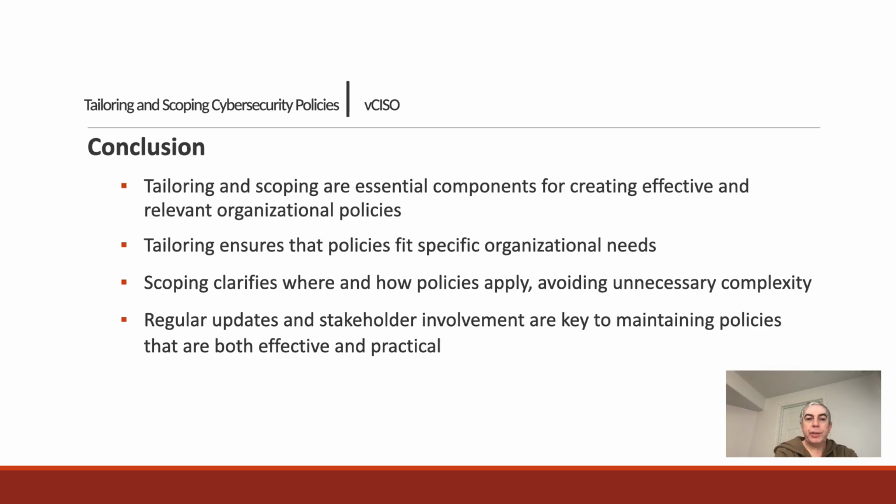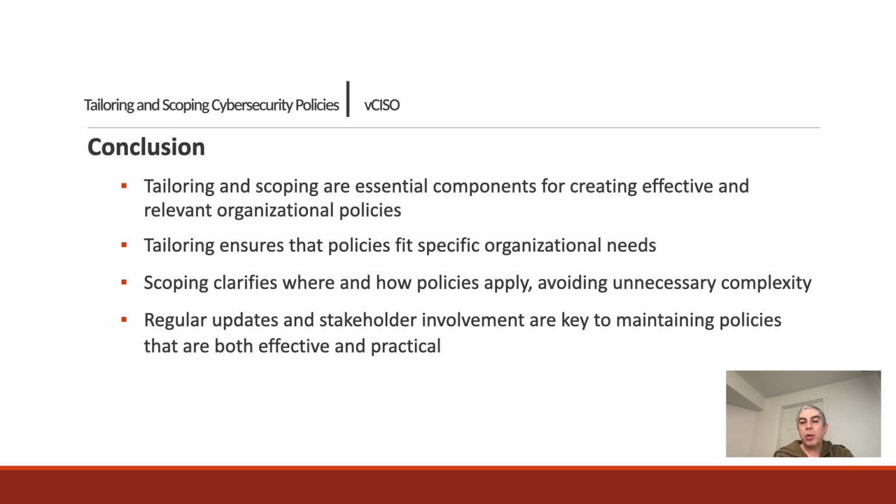So, conclusion: tailoring and scoping are essential components for creating effective and relevant organizational policies. We cannot just bring a policy from NIST, for instance, and say this is my Bible that I'm going to follow. No, you need to adjust it. You need to tailor it and you need to scope it.